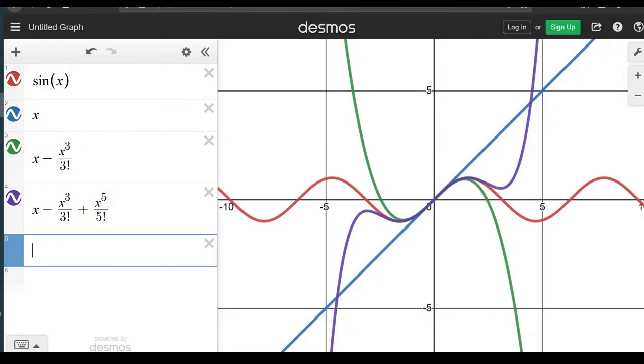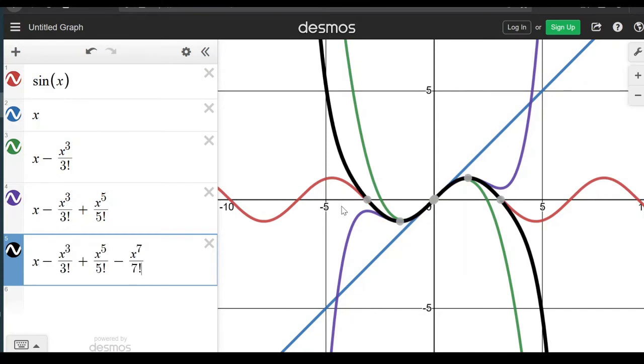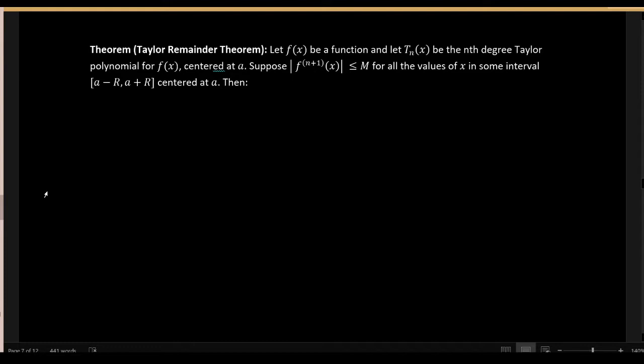But even that can be remedied by going up to the 7th degree polynomial, which is the graph in black. The graph in black, the 7th degree Taylor polynomial, sticks very close to the red graph for an even longer period of time. So the question becomes, do we have any way to calculate the worst case scenario for the error between our Taylor polynomial and the actual function?